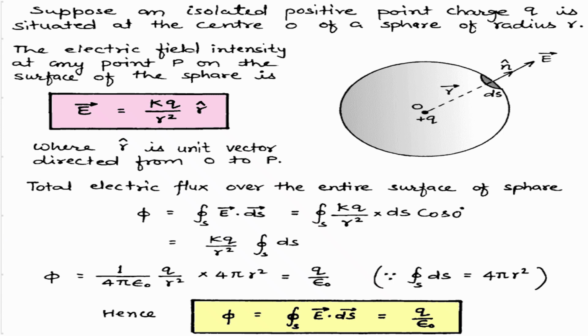Cancelling 4 pi and r square, we get q upon epsilon naught. So it gives the total electric flux enclosed by a charge q, which is the closed surface integration of electric field with area vector ds equal to q upon epsilon naught.